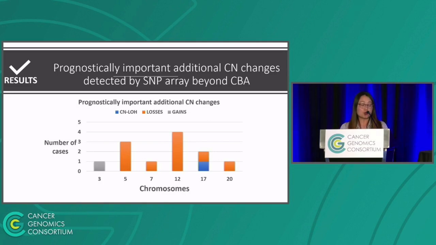The most common abnormality is the loss of chromosome 12, seen in 4 patients. The abnormalities of chromosomes 5, 7, 12, and 20 are only copy number loss. We only see 1 copy number gain and 1 CNLOH. I am going to explain this abnormality in more detail in the next few slides.